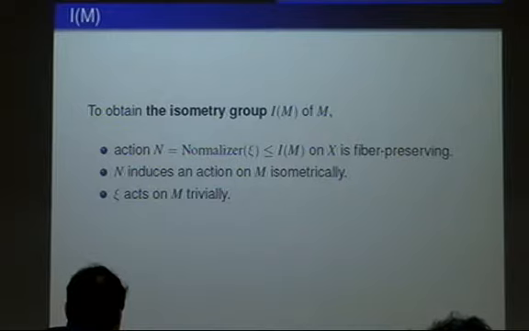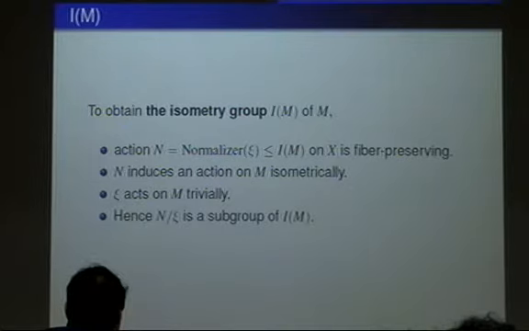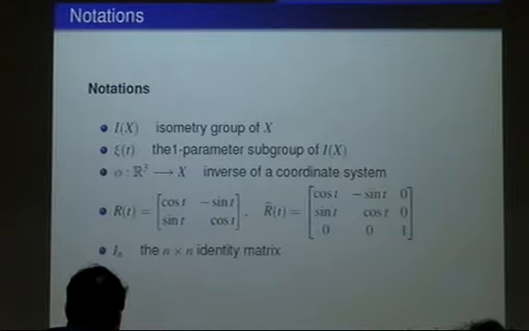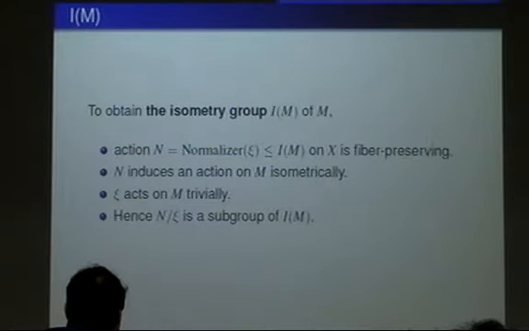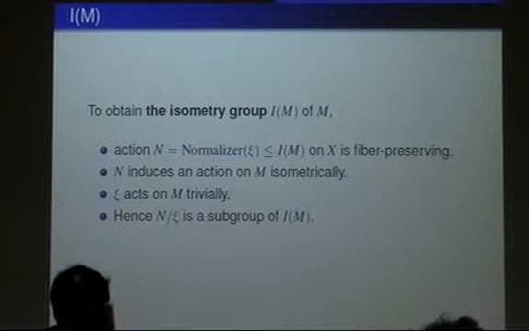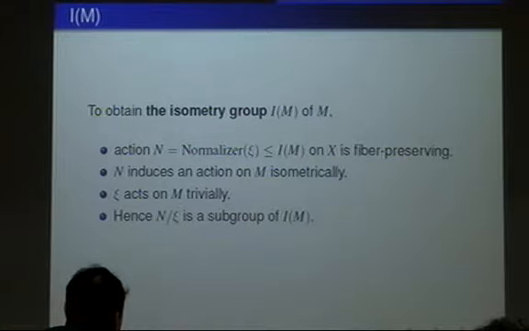Also, psi acts on M trivially, so if we mod out M by psi, that becomes the isometry group of the base surface. I calculated this M mod psi, which becomes a subgroup of the isometry group of the base surface.